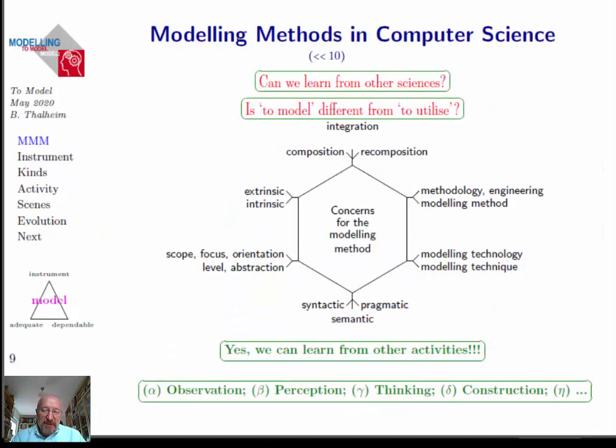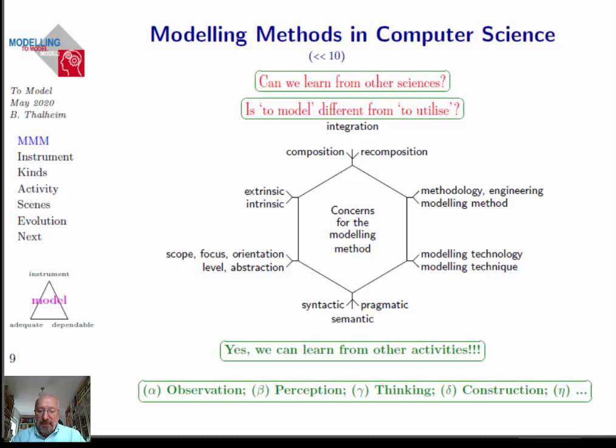In computer science we have a similar picture. We might have maybe less than 10 methods for modeling in computer science. It is again based on composition, recomposition. It might be extrinsic and intrinsic, especially for the deep model. It might be based on some kind of modeling method or mold and methodology.